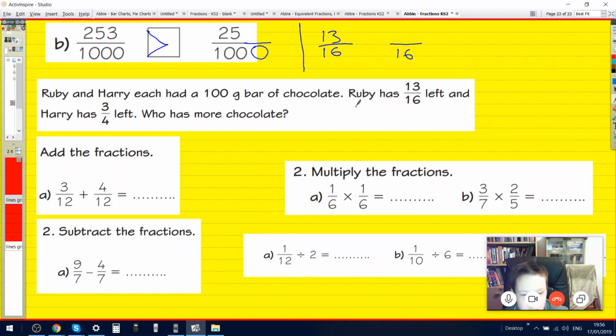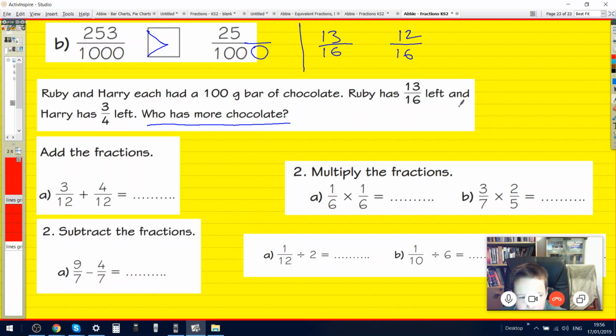Since you times the bottom by 4, you then times 3 by 4, and 3 times 4 is 12.